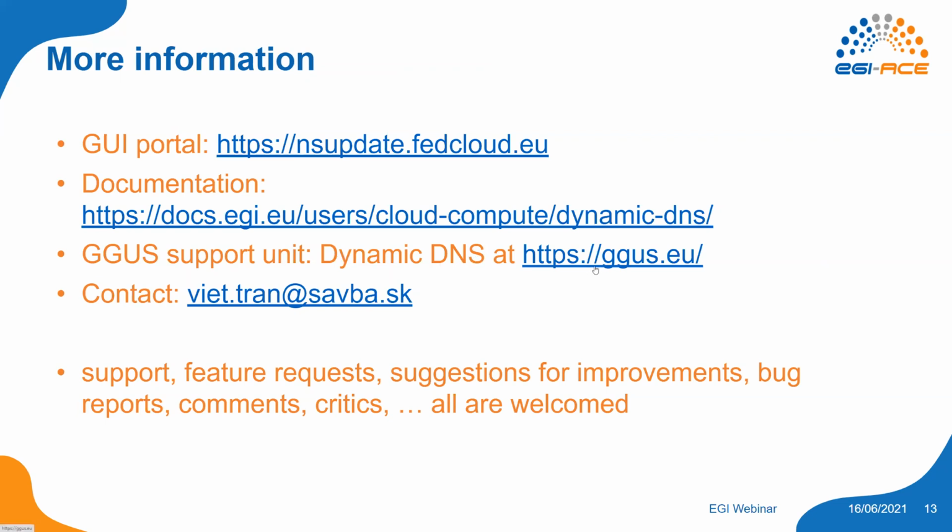So if you have some requests, some suggestion for improvement, some bug report, anything, you can open a ticket via GGUS, and I can respond via GGUS. Or you can contact me privately via my email. So any comment, any feature request, criticism, bug report, everything is welcome because it would help us to improve our services.